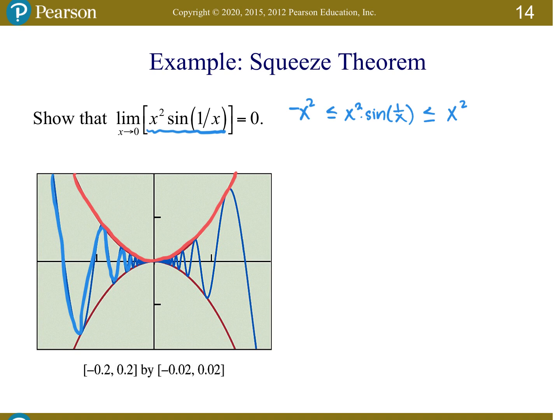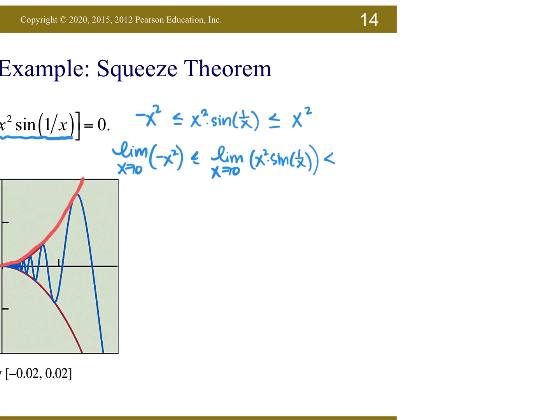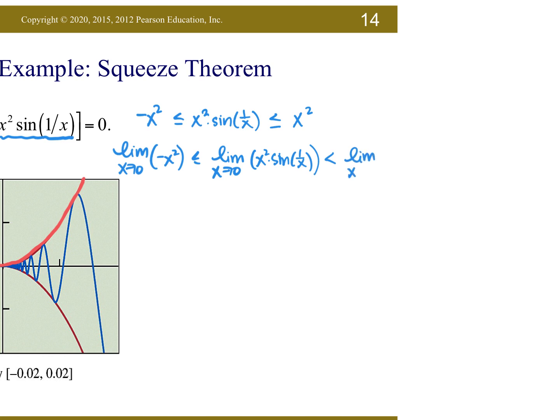But we want to investigate the limit. So we say, okay, what's the limit then? We take the limit as x approaches 0 of negative x squared, and then compare that to the limit as x approaches 0 of x squared times sine of 1 over x, and then compare that to the limit, let me see if I can fit this in, as x approaches 0 of positive x squared.